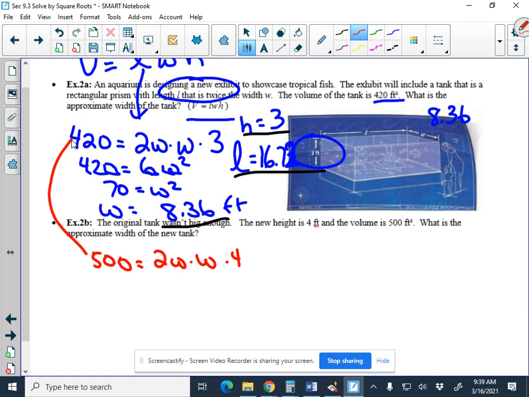So 500, 8W squared, good. Divide by 8, what's W squared? I think it's 62.5 if you make it a decimal. When you divide 500 by 8, put a dot on it. Is that right?